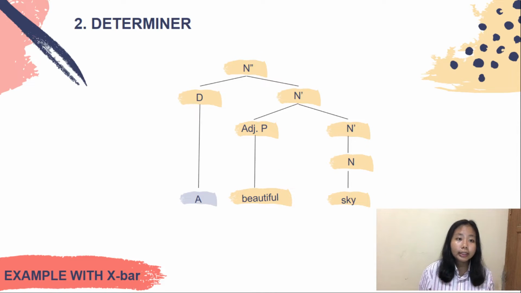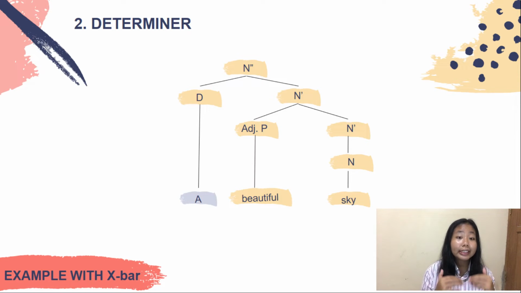Well, the second example is determiner. The example of determiner is a beautiful sky. You can see the tree diagram like this. It shows that N double bar branches into determiner and N bar.